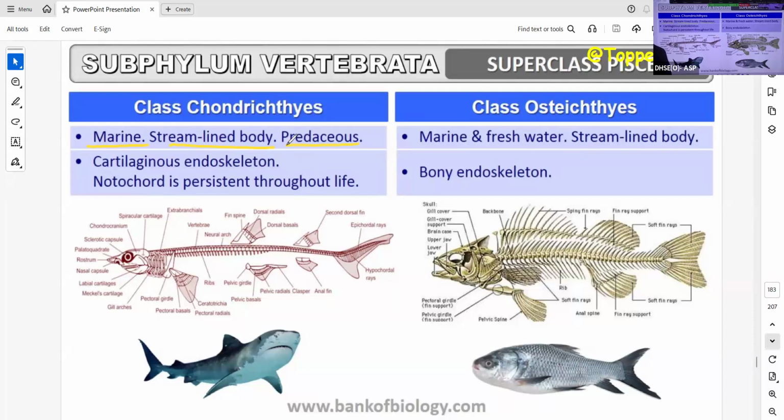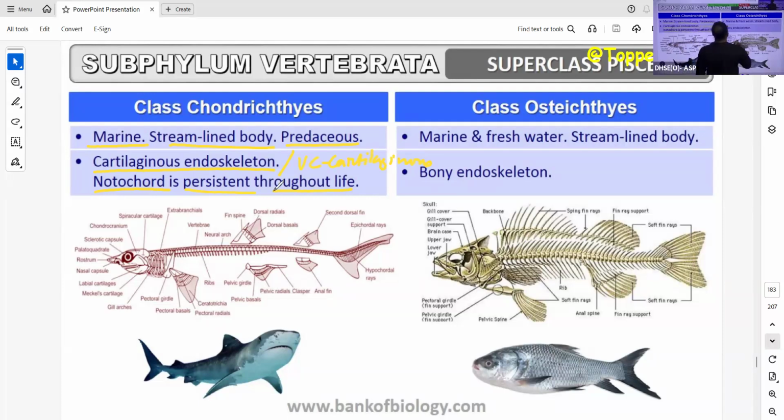Then their endoskeleton is cartilaginous, that is, the vertebral column is also cartilaginous. The notochord is persistent throughout life in case of Chondrichthyes.